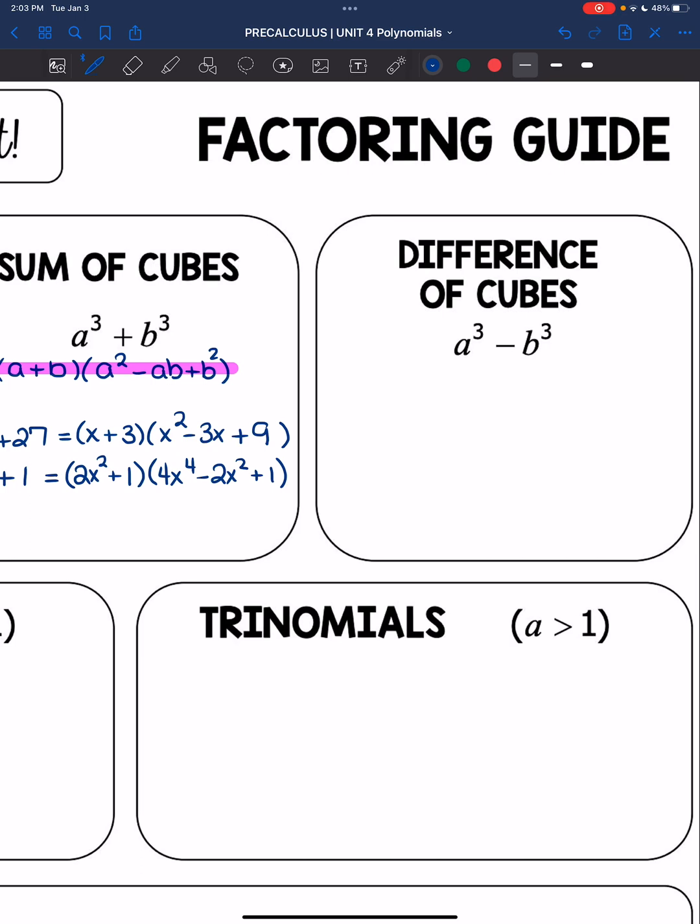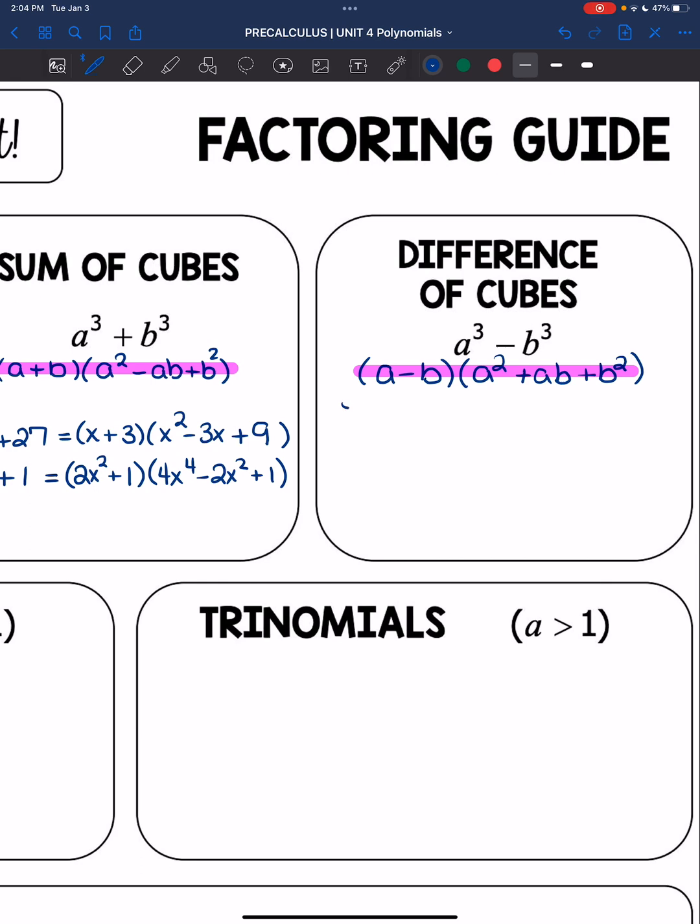So that's going to look like a minus b as the first factor, a squared, but then it is plus ab plus b squared. Very similar format, and you won't have to memorize these formats. They are provided as one of your references when you're working, but you do have to use them correctly.